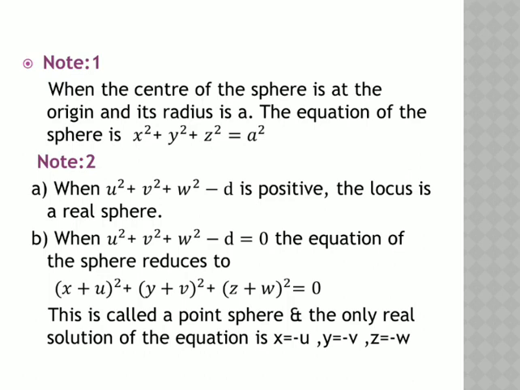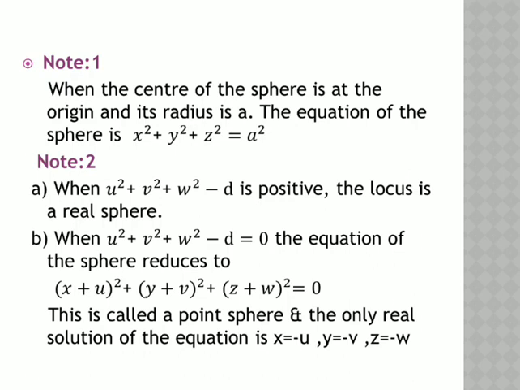When we apply 0, 0, 0 in the equation x minus a whole square plus y minus b whole square plus z minus c whole square, the equation becomes x square plus y square plus z square is equal to a square.